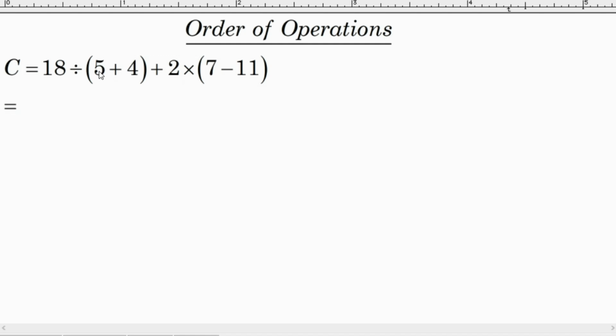That means 18 divided by, 5 plus 4, which equals 9, and then plus 2 multiplied by 7 minus 11, which equals minus 4. Okay, keep going.